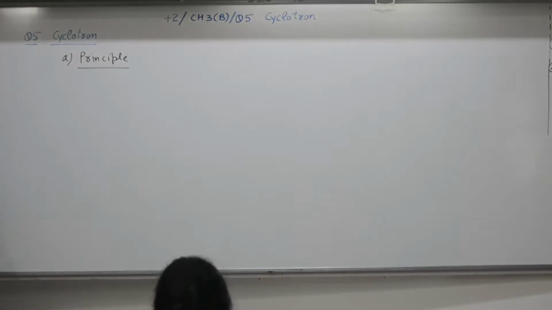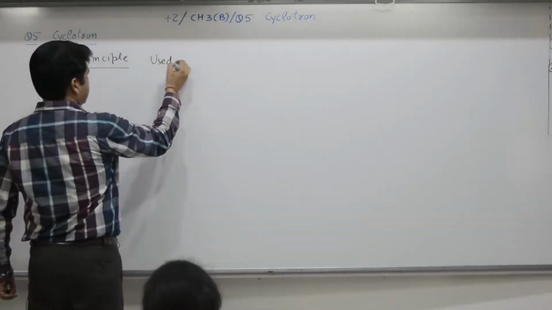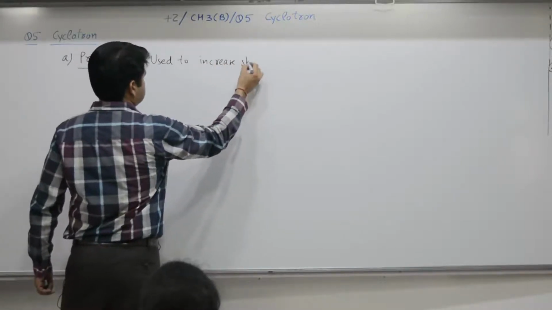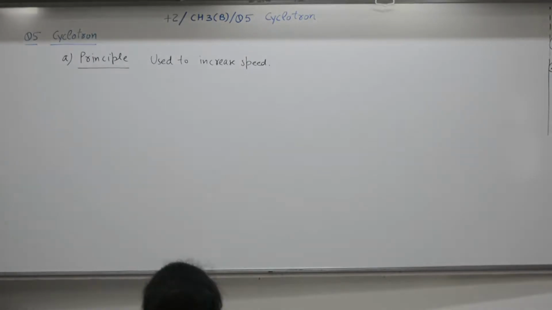Cyclotron is a device used to increase speed. E is used for what purpose?